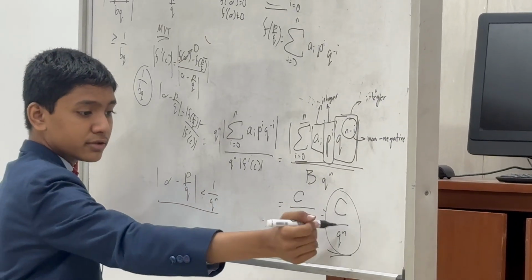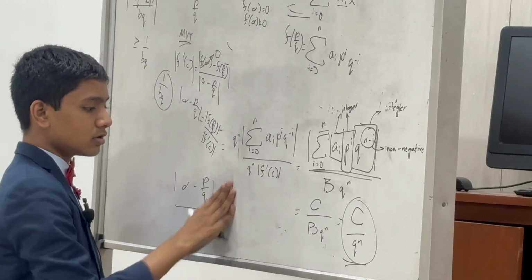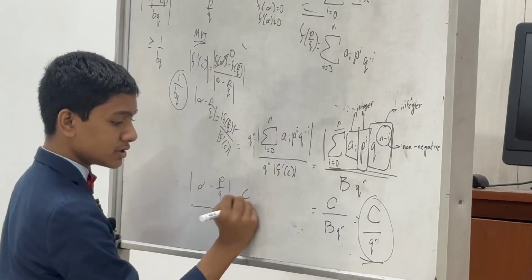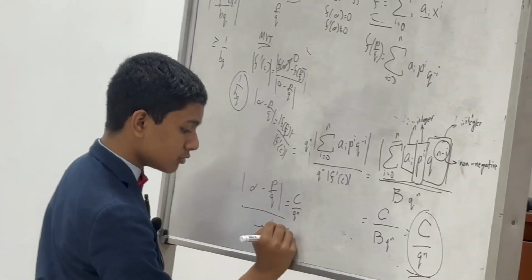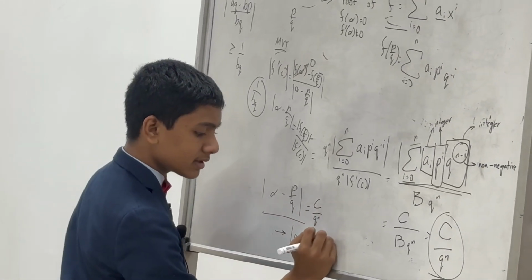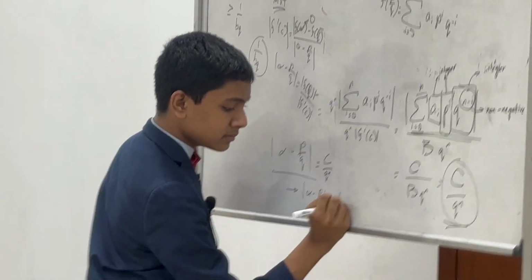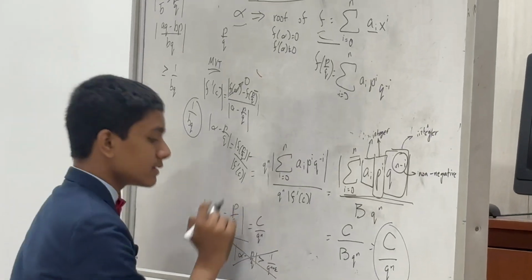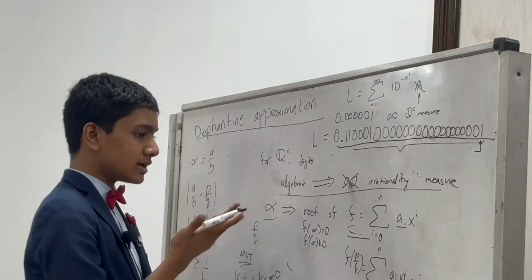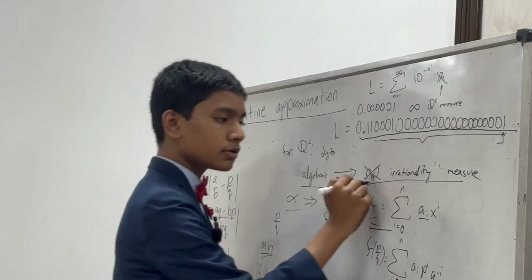This is c over q to the n, and so you've already shown that it's equal to c over q to the n, which means that it will be greater at some point than 1 over q to the n plus any number.